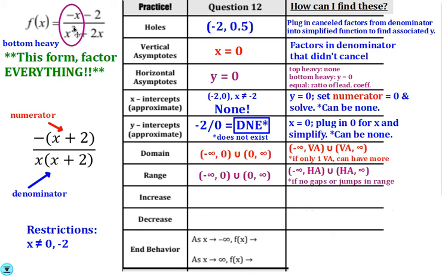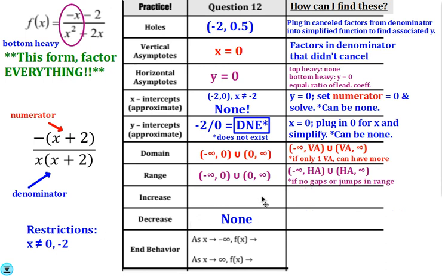Increase or decrease. So I don't have like an a value in this type of function. But what I can do is look again at the ratio of the leading coefficients, and I have negative 1 over positive 1, which gives me a negative leading coefficient. So in this case, it would be negative, so I'm not going to have a decreasing.